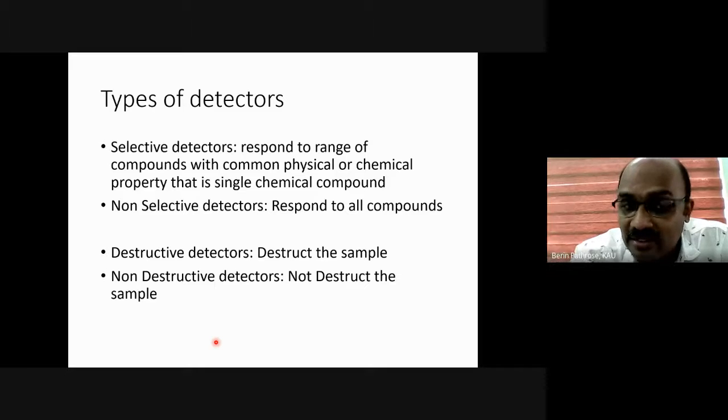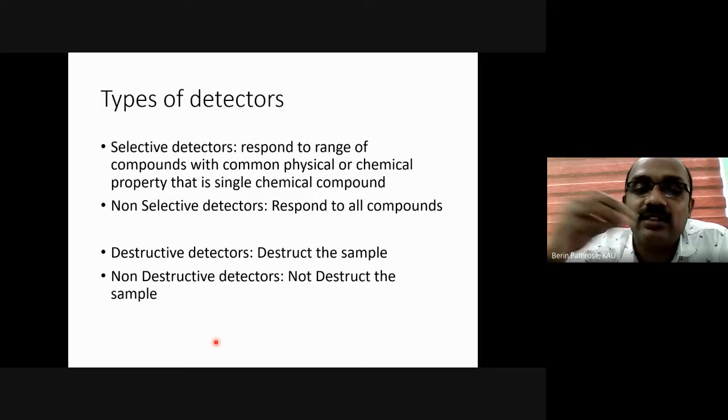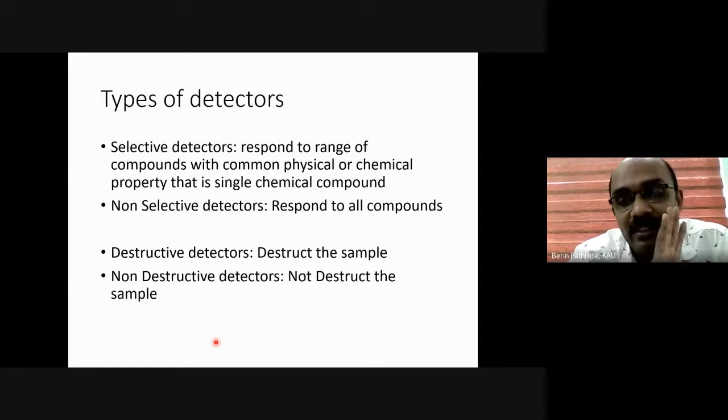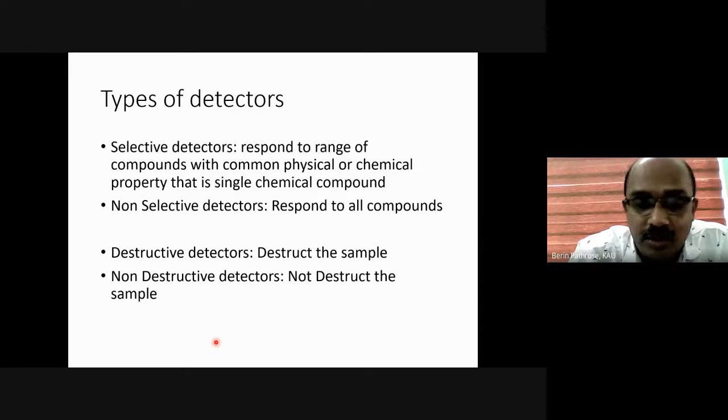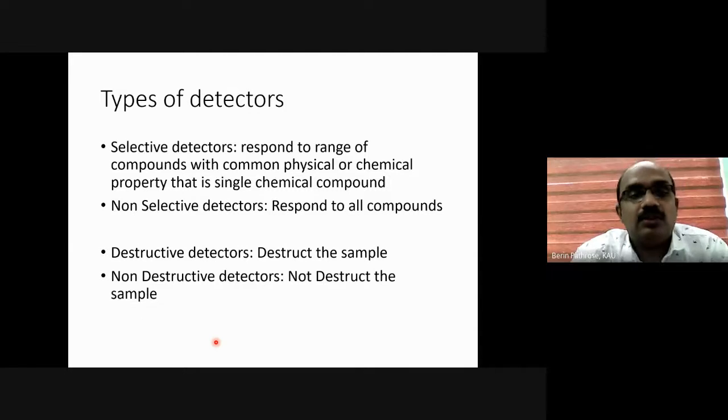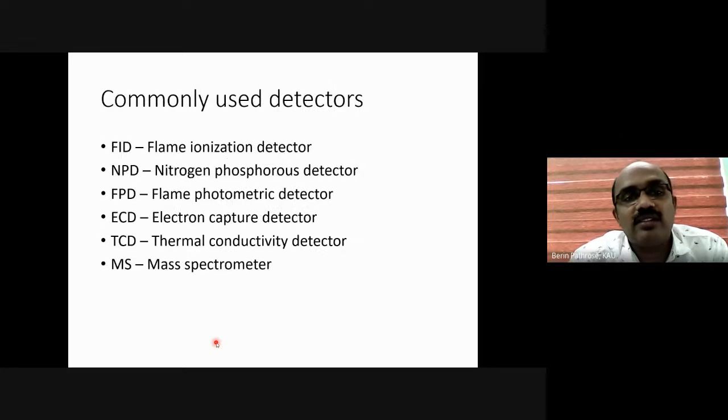So that is a destructive detector. And the next one is the non-destructive detector. That means during the detection process, it won't harm the compound. Are you clear with the two classifications of detectors? Yes, sir. Okay.